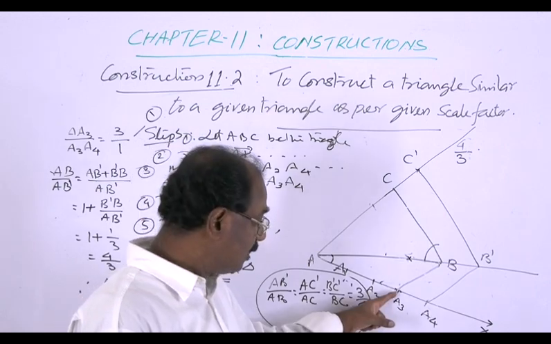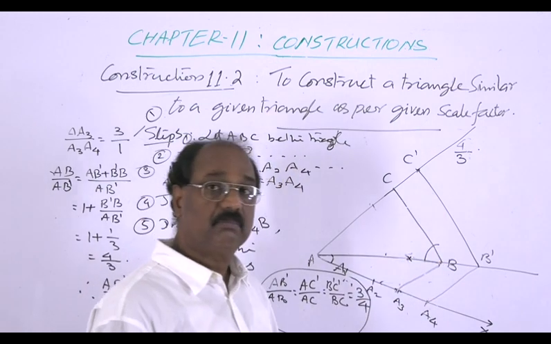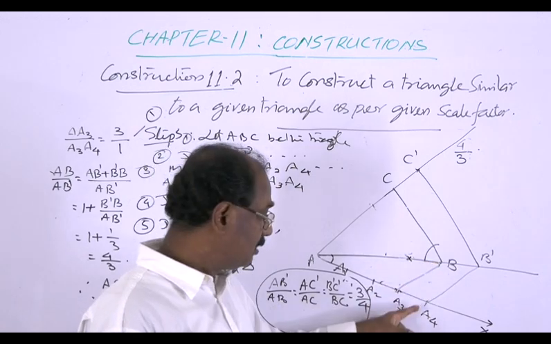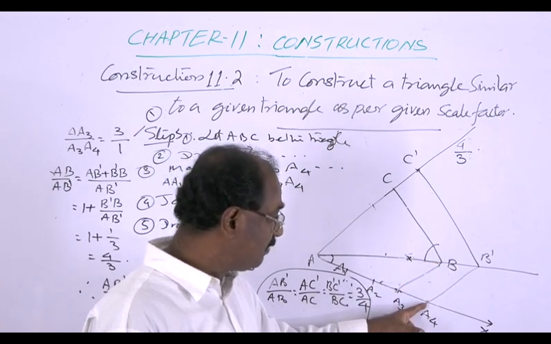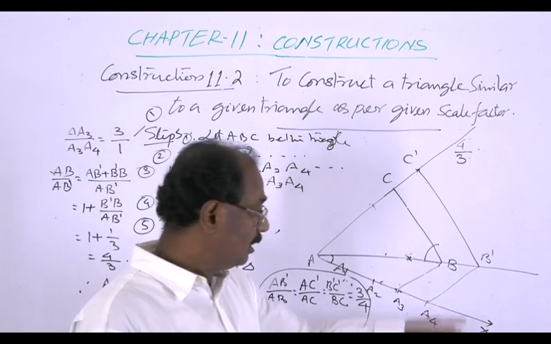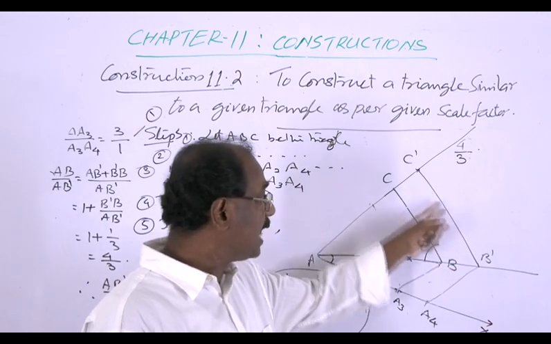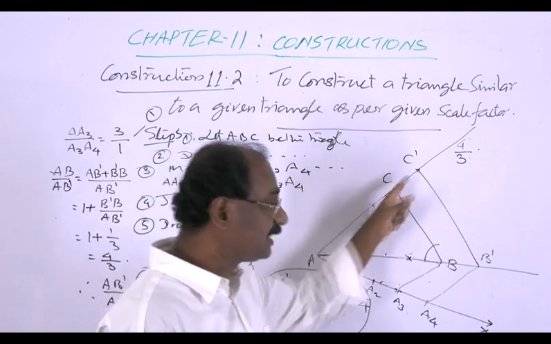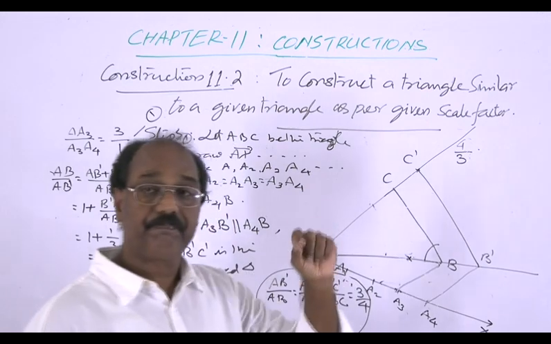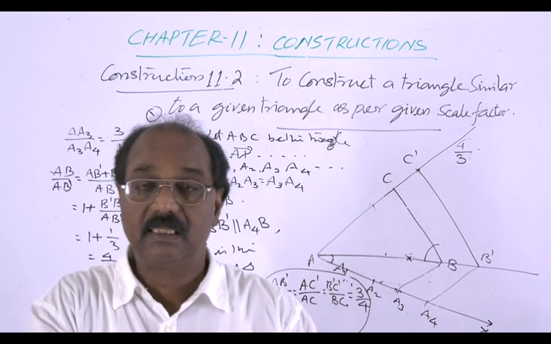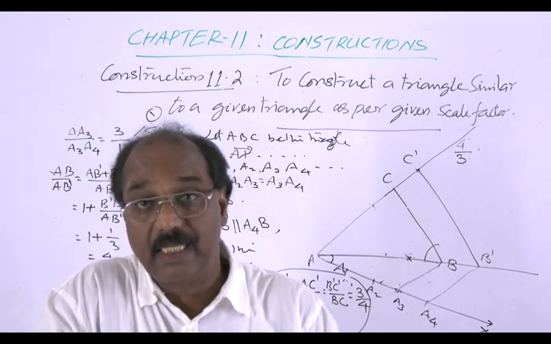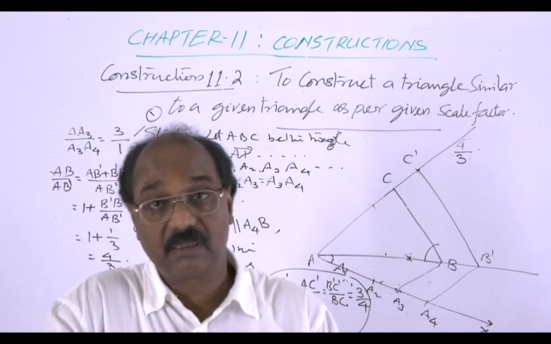In the second case, join A3 to B, and draw a parallel from this A4 to this AB extended. Draw this B dash C dash to this AC extended. So AB dash C dash is the duly constructed similar triangle. So remember this. Okay.